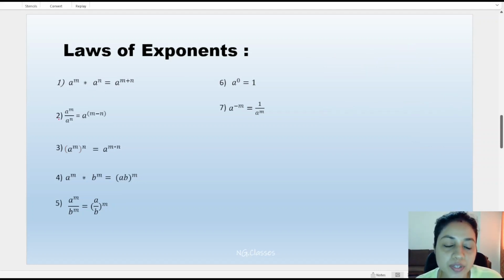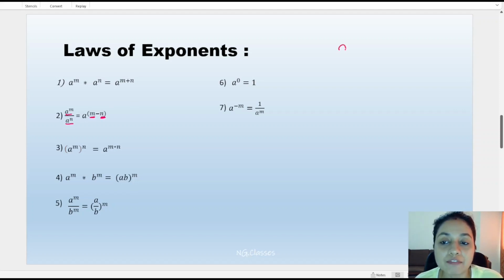Alright, let's move to the next property. Here the next property says when the bases are the same and both the terms are in division rather than multiplication, so a to the power m divided by a to the power n, then we have to subtract the exponents. So it will result in a to the power m minus n. Here exponents can be positive or negative, doesn't matter. We just have to be careful that we are subtracting the denominator's exponent from the numerator's exponent.